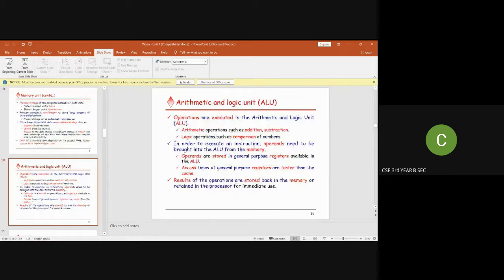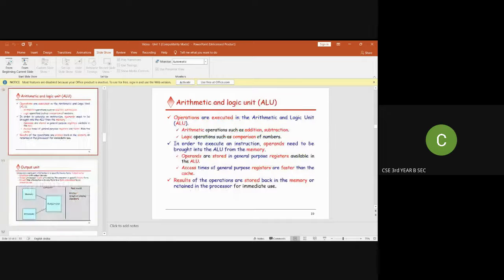And the next one is the ALU, the arithmetic and logic unit. Operations are executed in the arithmetic and logic unit. ALU performs all the arithmetic operations like addition, subtraction, etc. And logical operation means we are doing the comparison of numbers.